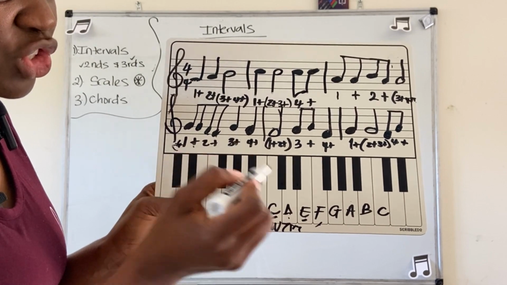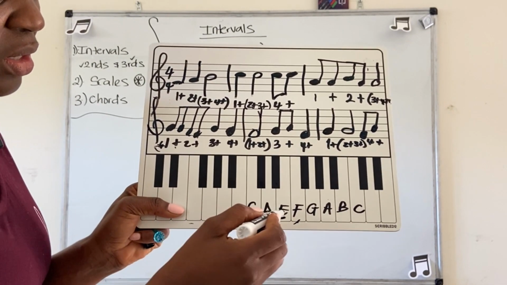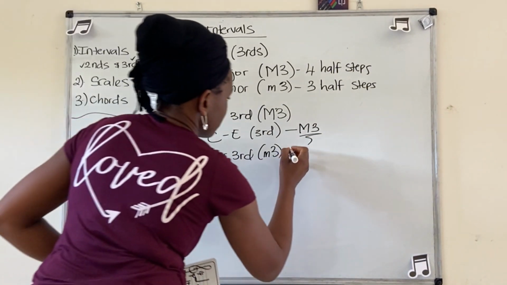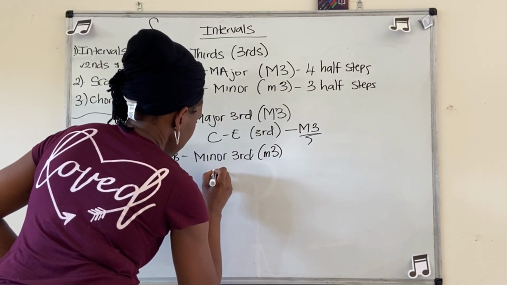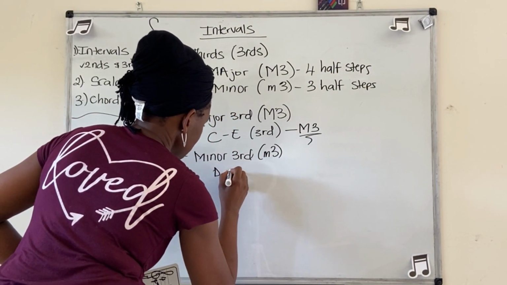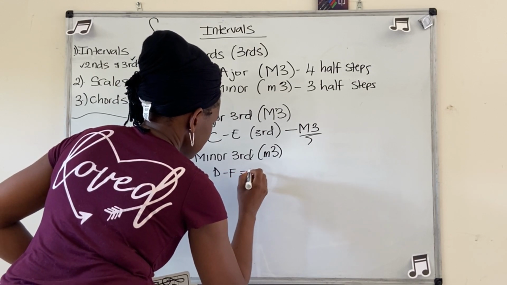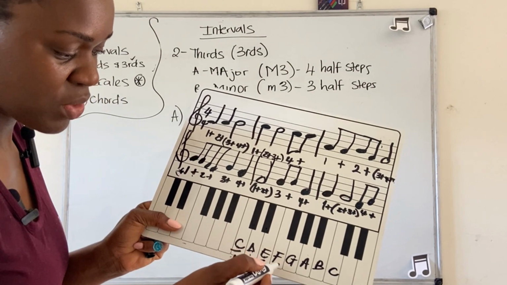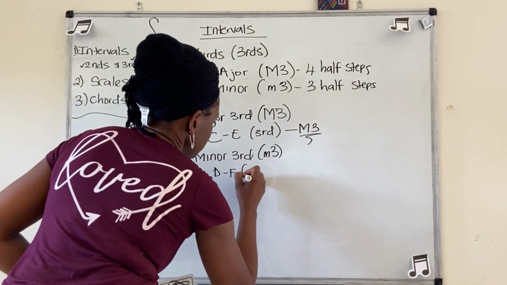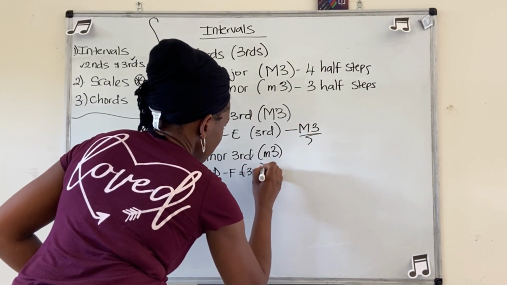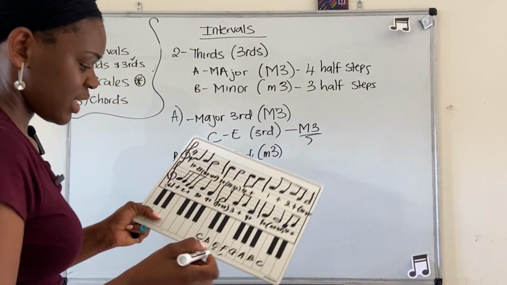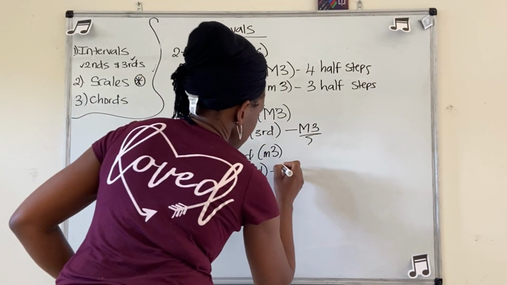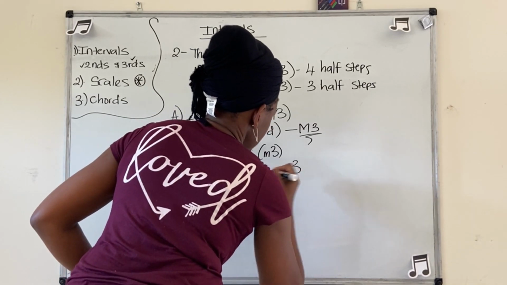D sharp to E is second, and E to F is 3. So D to F, first of all, it's a third because it's 1, 2, 3 letters. So we have a third. And now it has how many steps? We counted three half steps. So it's a minor 3.